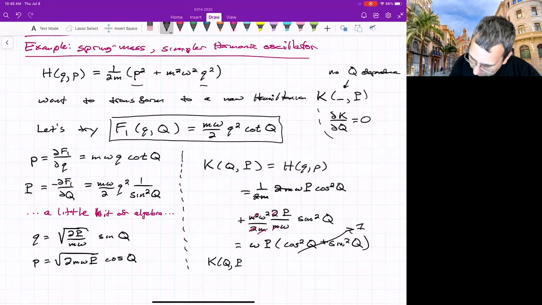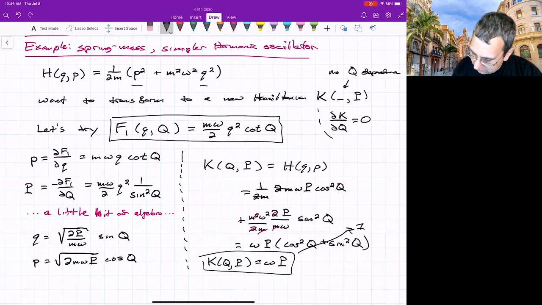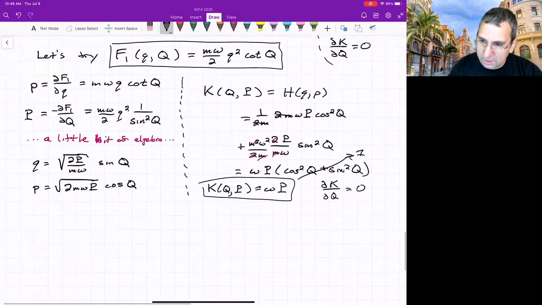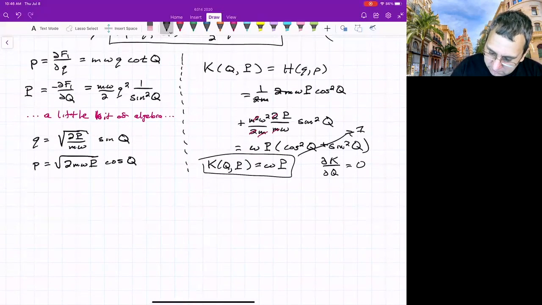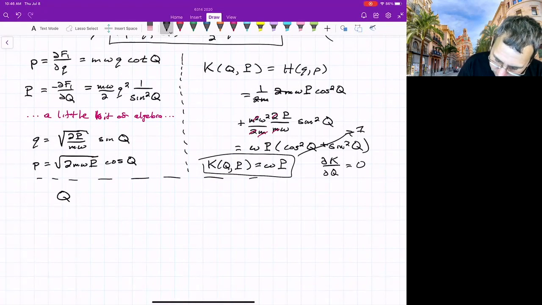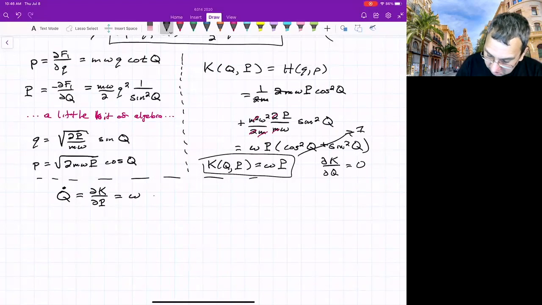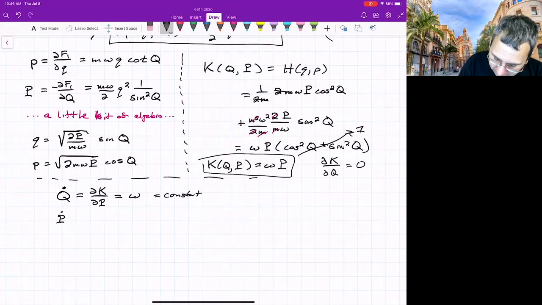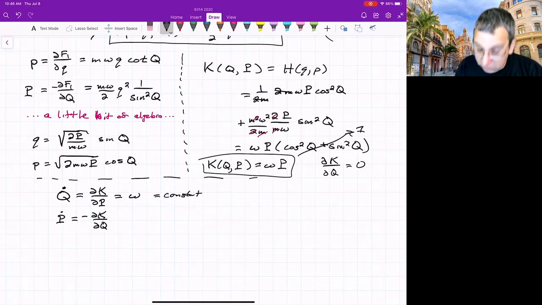That's cool. Because we had the same canonical transformation as before, we knew how the Hamiltonian would turn out. It's very simple. And notice what we want, partial K partial Q equals 0. So then everything that we did before would follow. Hamilton's equations are super duper easy. Q dot equals partial K partial P, so it's just omega, a constant. Big P dot is minus partial K partial Q, but we know partial K partial Q by design is 0.